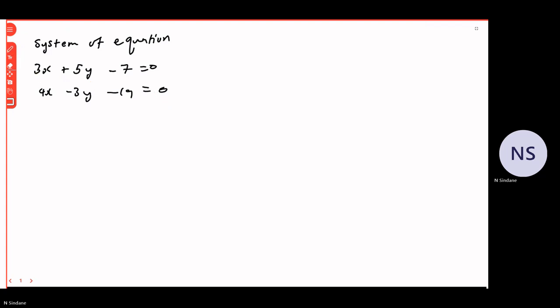The first thing to do is to transpose the constants to the other side. Then I'll have 3x plus 5y is equal to my constant 7, and 4x minus 3y is equal to my constant 19.